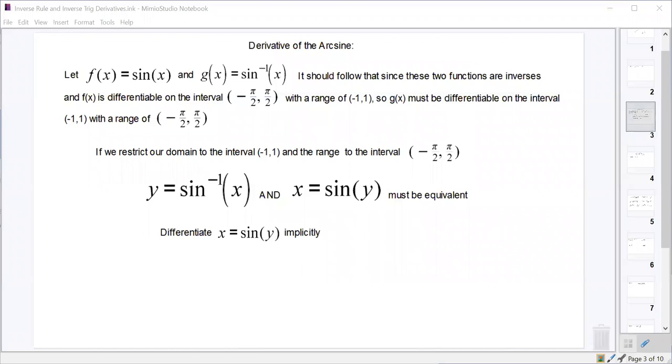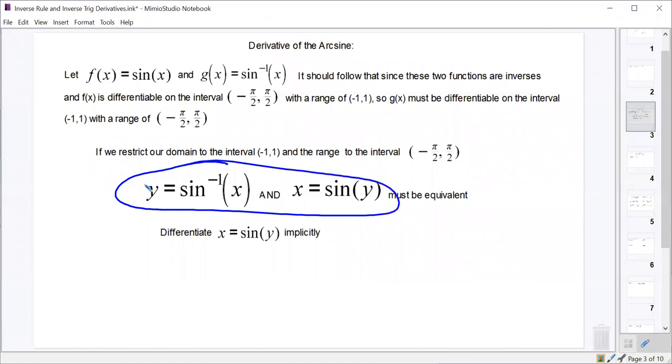So if we talk about the inverse sine function, y equals inverse sine of x, we could take the sine of both sides of this and get x is equal to the sine of y. Right? And all this stuff I've written up here is just restrictions on the domain and the range of sine and inverse sine that you should know from AIM 3 or Honors Pre-Cal last year, that restricting the domain of the sine function to negative pi over 2 to pi over 2 is how we end up getting the inverse sine function.